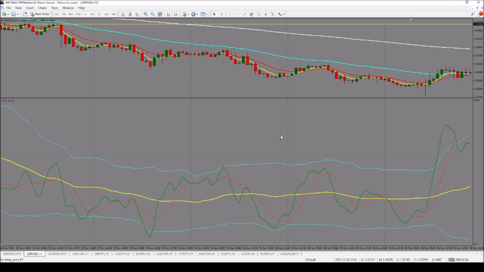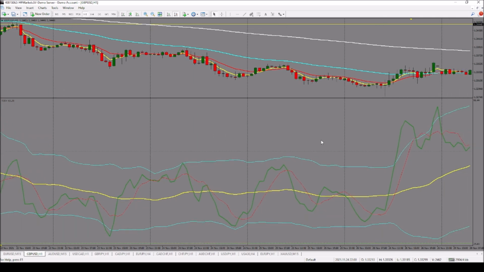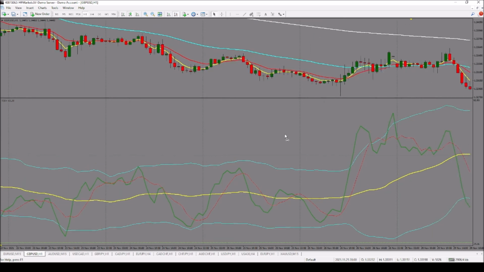I'll provide the indicators for the MT5 as well as the MT4 in our free Telegram channel, so that if you don't have it on your MT4 or MT5, you may as well go there and download it. If you use TradingView, you can simply search for the TDI indicator. It will come out.